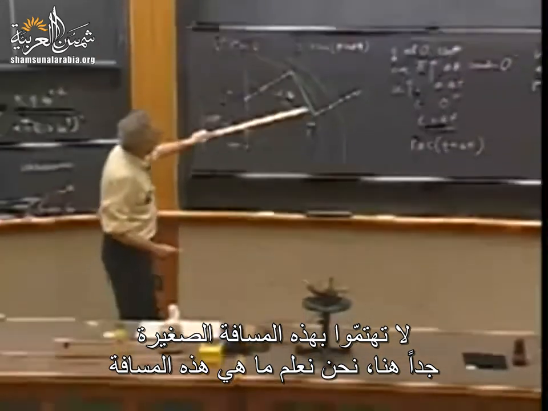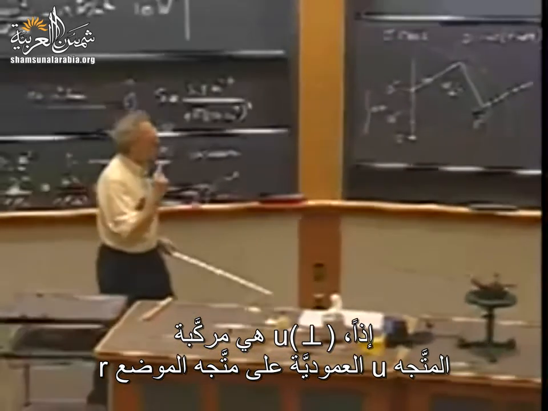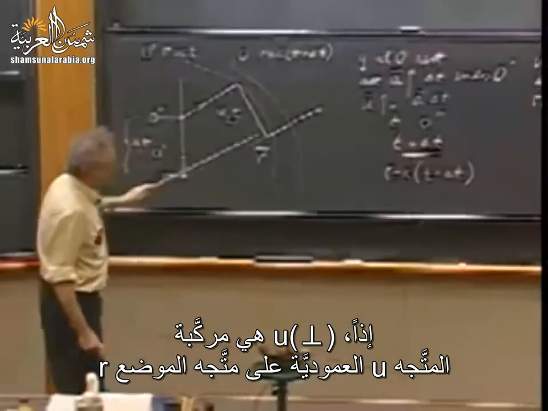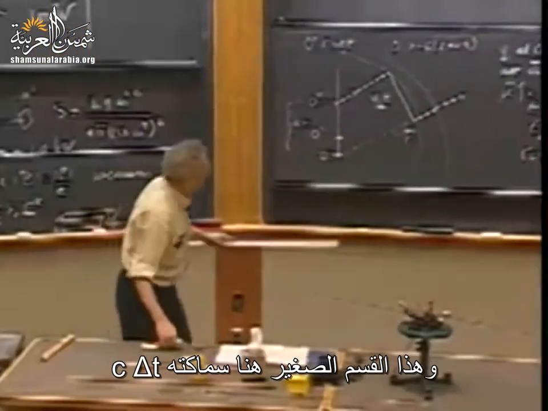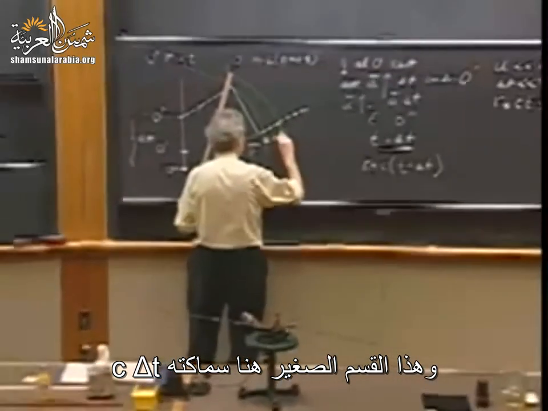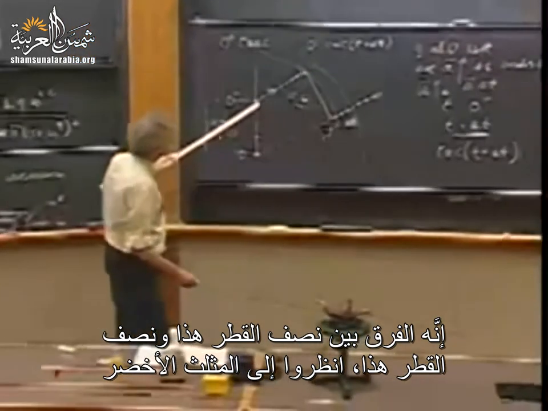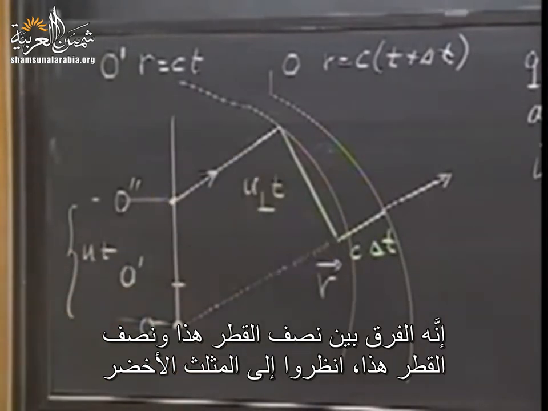So we know what this is. u perpendicular is the component of the vector u perpendicular to my position vector r. And this little section here has thickness c delta t. That is the difference in this radius and this radius, c delta t. So look at this green triangle.